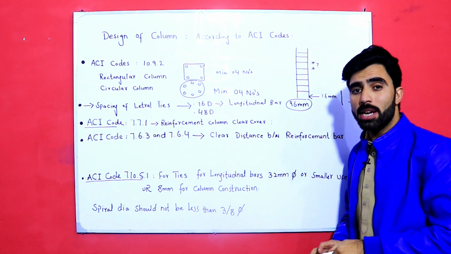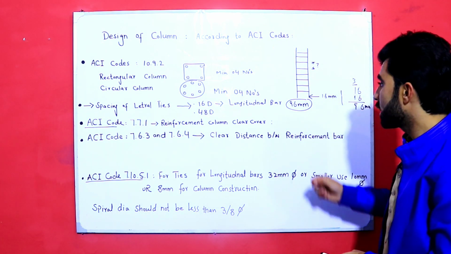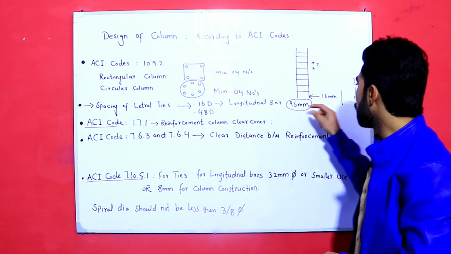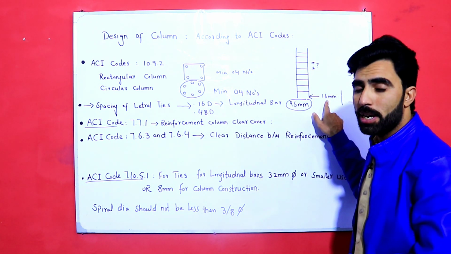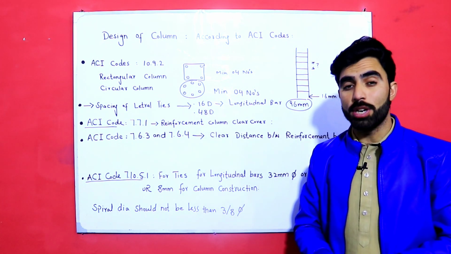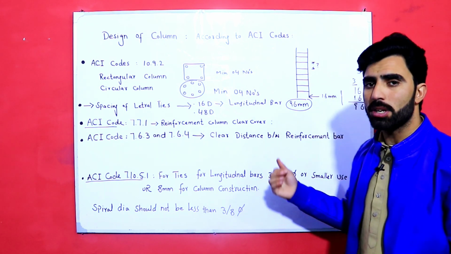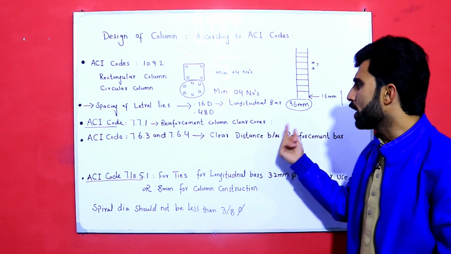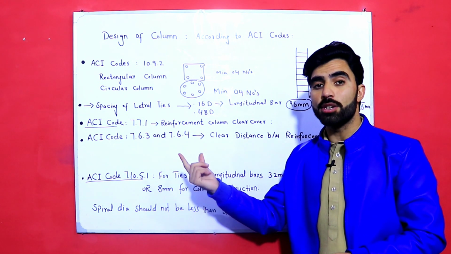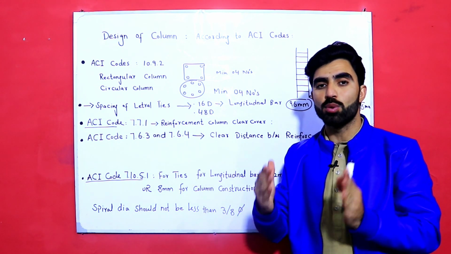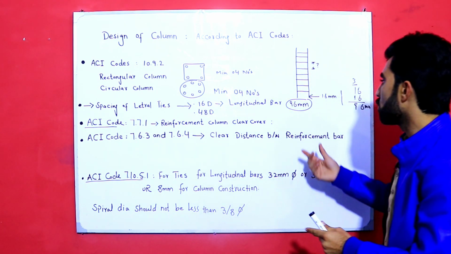The spacing should be 256 mm for this 16 mm dia steel bar. If it is 20 mm or 24 mm or 30 mm, it depends on the longitudinal bar dia, multiplied by 16D. Then you can find the spacing between two lateral ties from this formula.